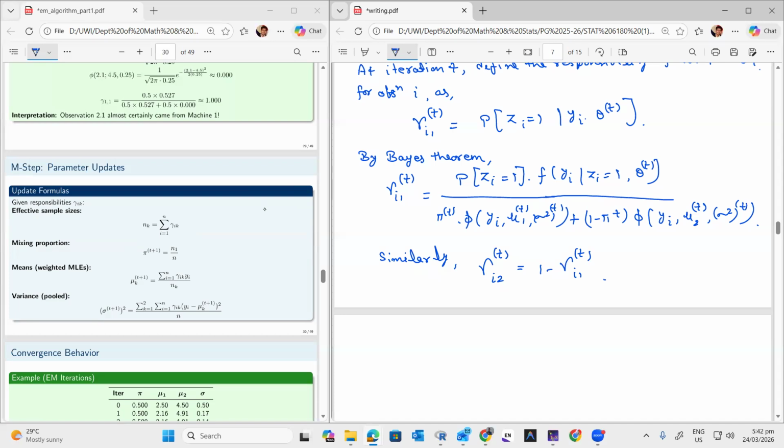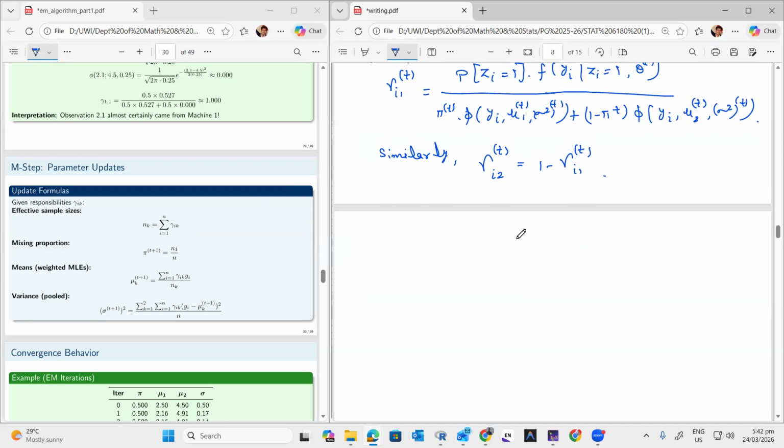How does it come, basically? So what are N1 and N2? N1 is basically the summation over I goes from 1 to N of gamma I1 at the t-th iteration, and N2 is the summation over I of gamma I2 at the t-th iteration.